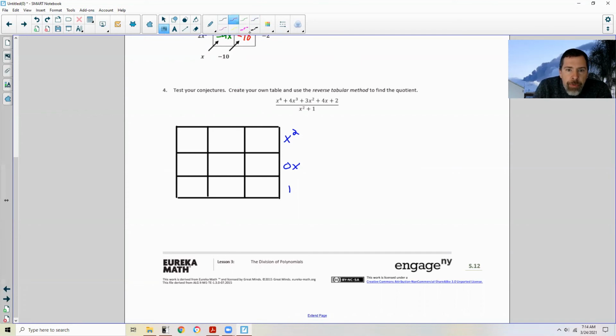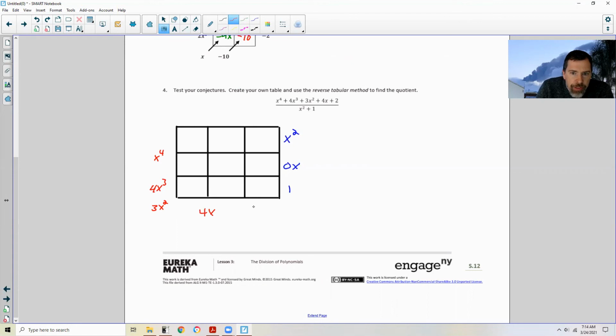All right, so then I'm going to put my numerator over here. So it's going to be x to the 4th. And then this diagonal is going to give me 4x cubed. And then this diagonal is going to give me 3x squared. And these two are going to give me 4x.